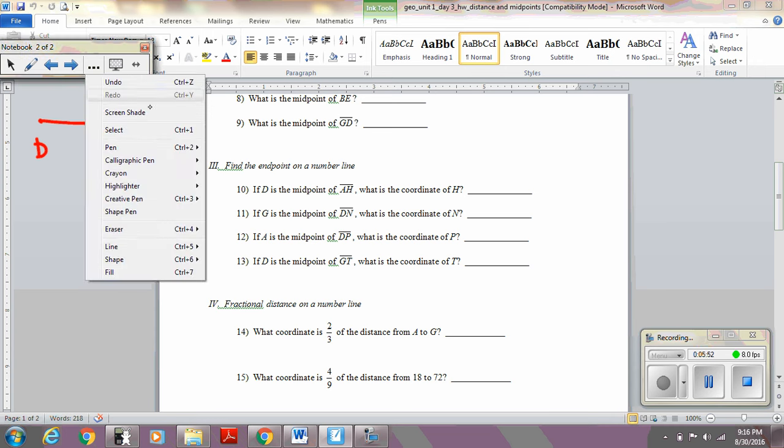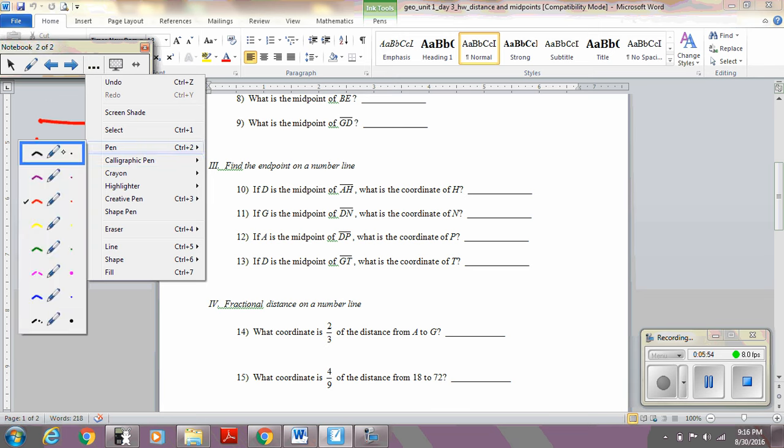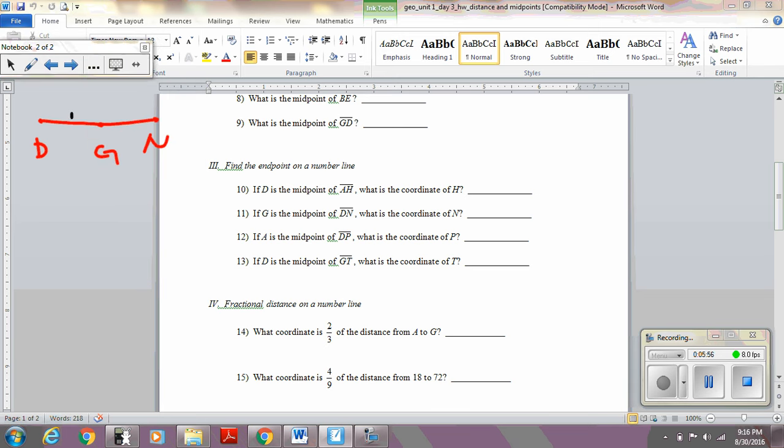Because G is the midpoint, that means the distance from D to G is congruent to the distance from G to N. So I would first have to find the distance between D and G, and then once I know that distance, I'll also know the distance from G to N.